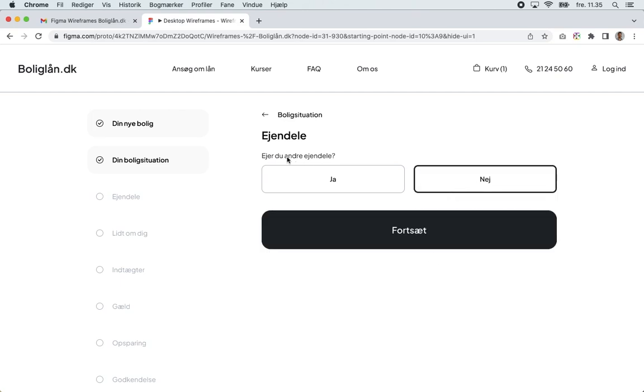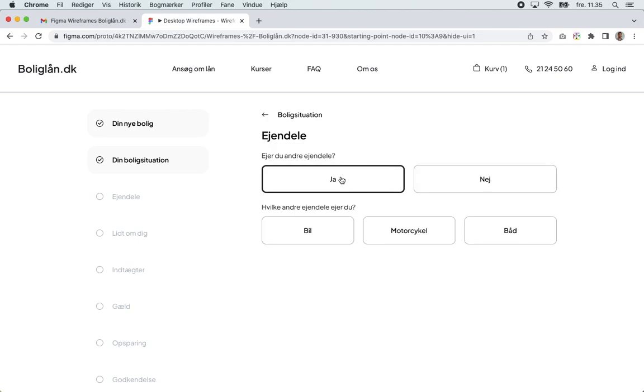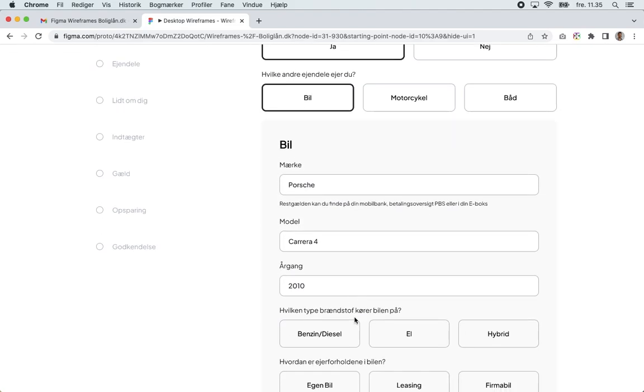Ejendele. Yes, I see, like a house or a car. You can try. Okay. Should I just put one? If you want. If I say I like a Porsche. I have a Porsche for sure.